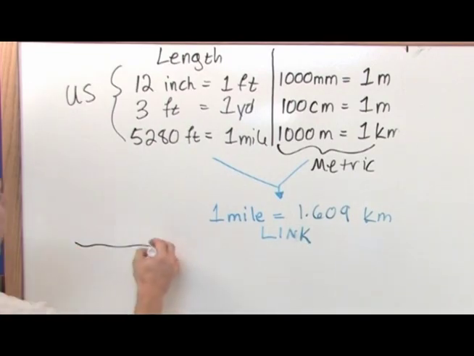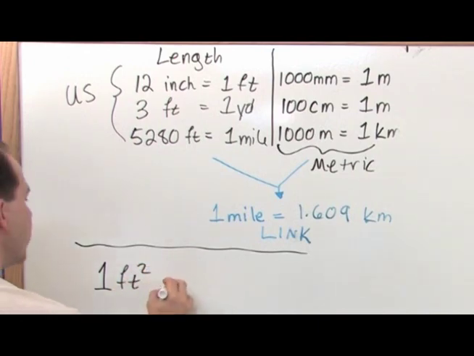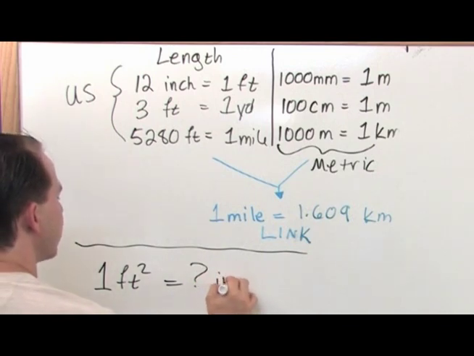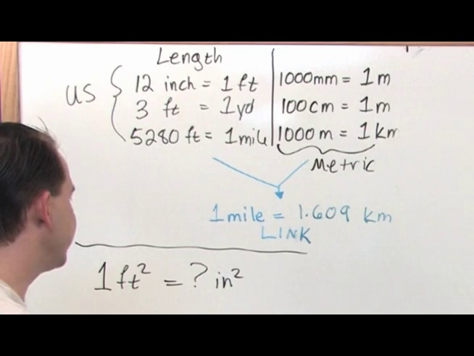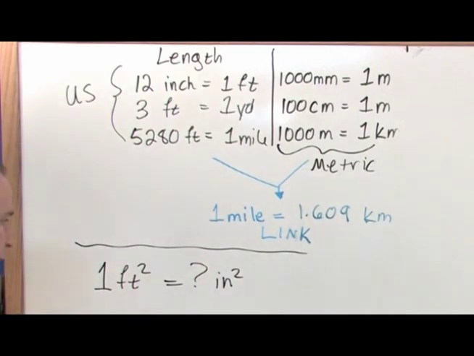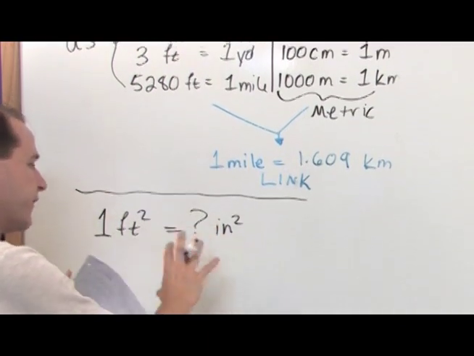Okay, now our first problem basically says, what if I want to convert 1 square foot, that's what that says, and I want to know how many square inches that equals, okay? And just to give you an idea, I'm not going to do this for every problem, but I want you to understand what we're doing here. What does a square foot look like? I'm trying to give you an idea of what this problem is actually asking.